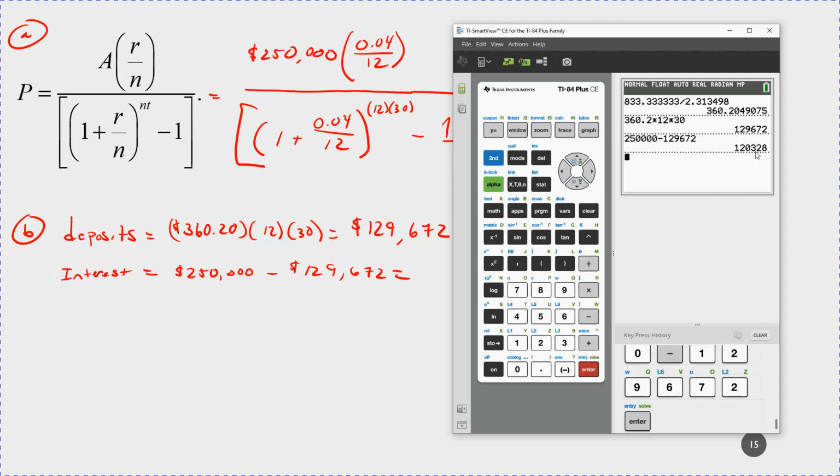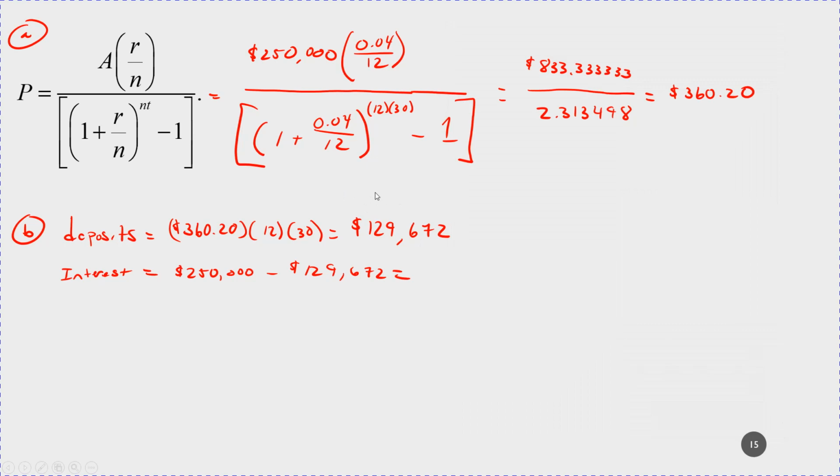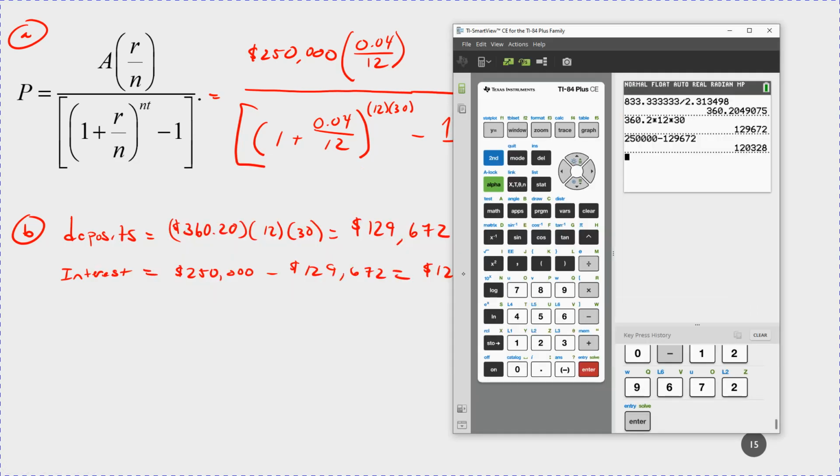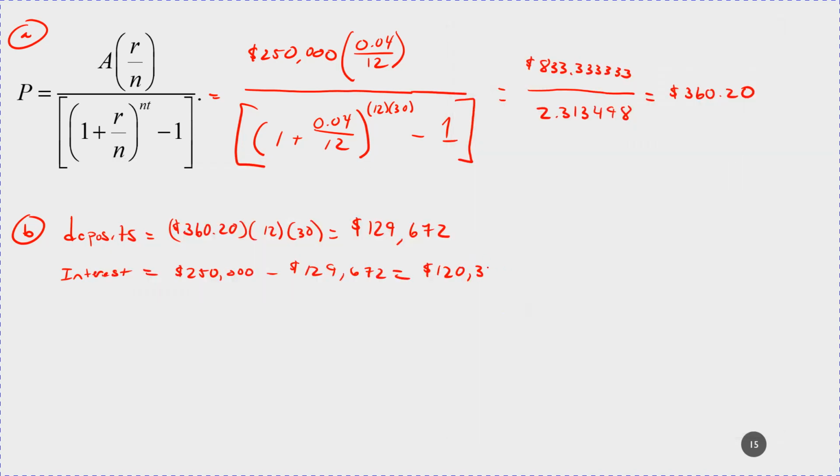You made $120,328 in interest. So you can see your interest rate obviously plays a real big component into how much you're accumulating over time with interest.